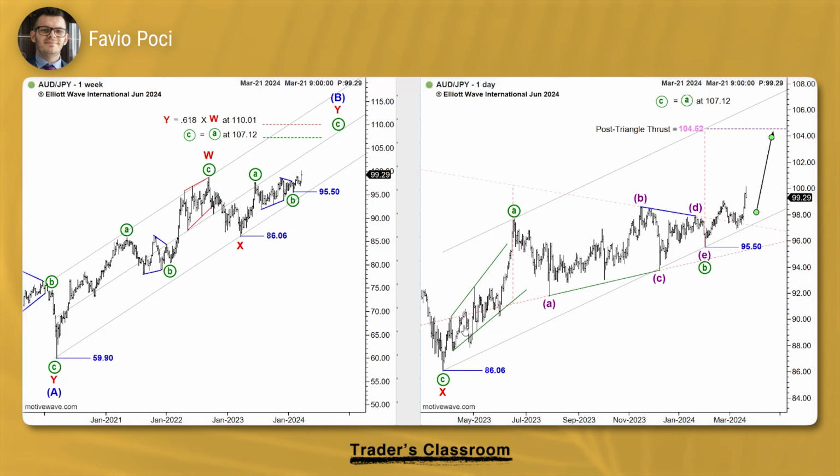A leading diagonal wave A and an ending diagonal wave C is a rare occurrence, and it's a low probability combination to work with in real time. There is nothing wrong with it, but in real time we have to just assume that the 95.50 post-triangle thrust is unfolding as an impulsive rally.